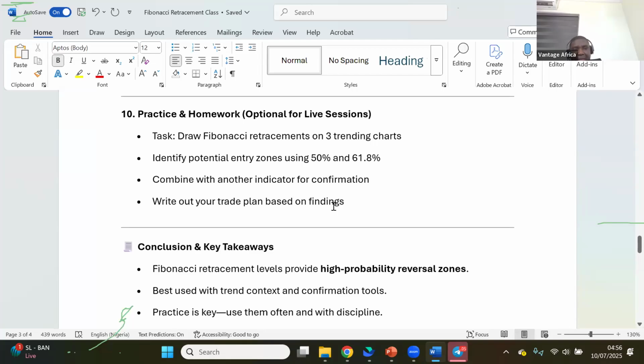So based on my findings now, I can say that for Euro USD, if I'm in a higher time frame like the daily chart and it's long term, like what is going on right now, I'm expecting price to get to the 61.8. But on a regular day, when the market is just moving on Euro USD, I would say the 50% retracement level is what I would expect 80% of the time on a 1 hour chart.